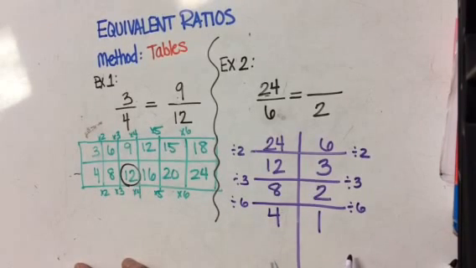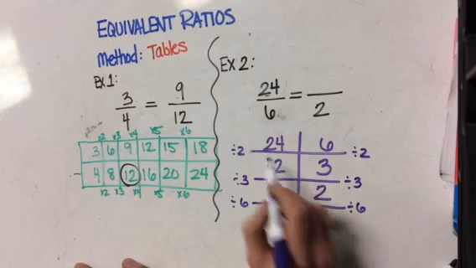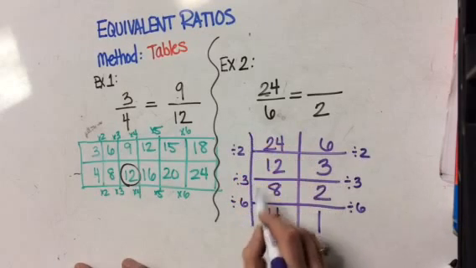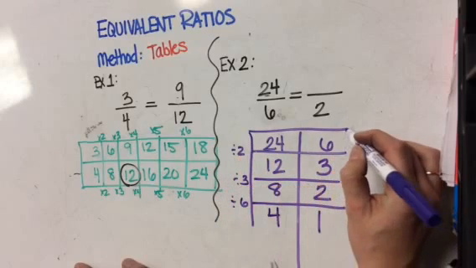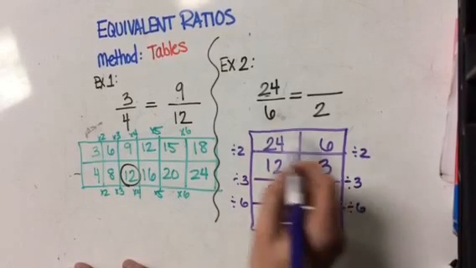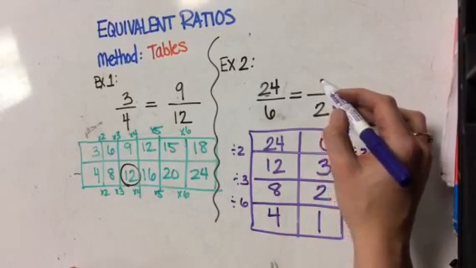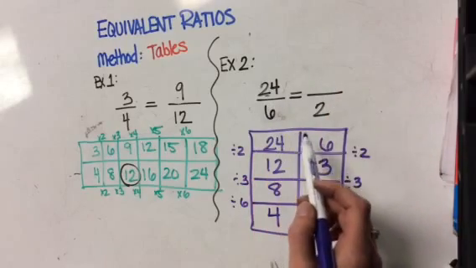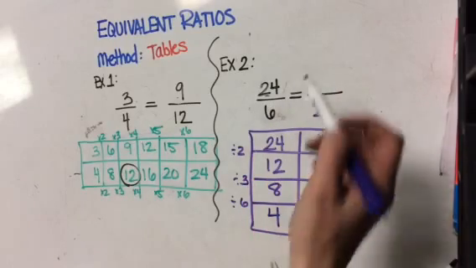Now I'm getting to the point where I can't really do anything else because my only other factor is 1. So this table is not going to go on forever. And I have all of my equivalent ratios here that are all whole numbers. If I look back to the question that I was trying to figure out, 24 to 6 is what to 2?